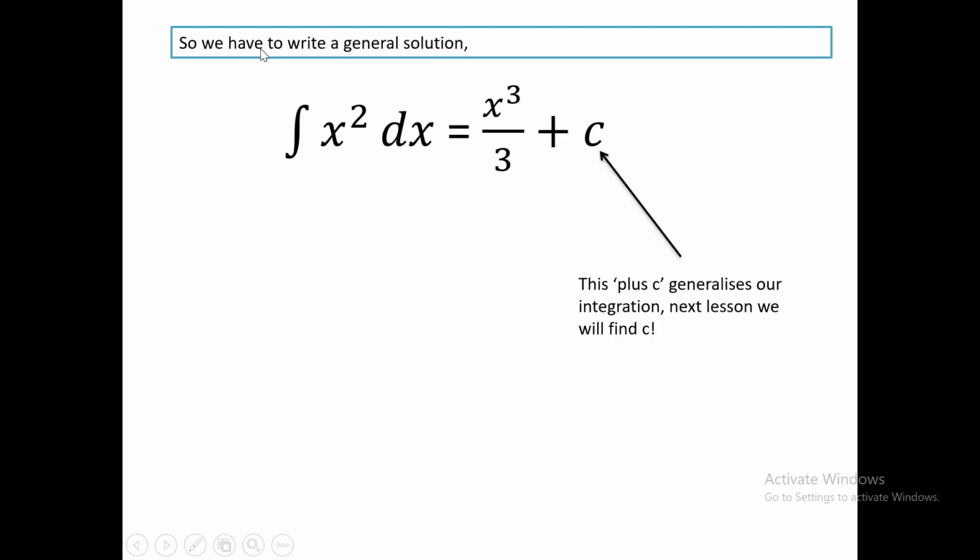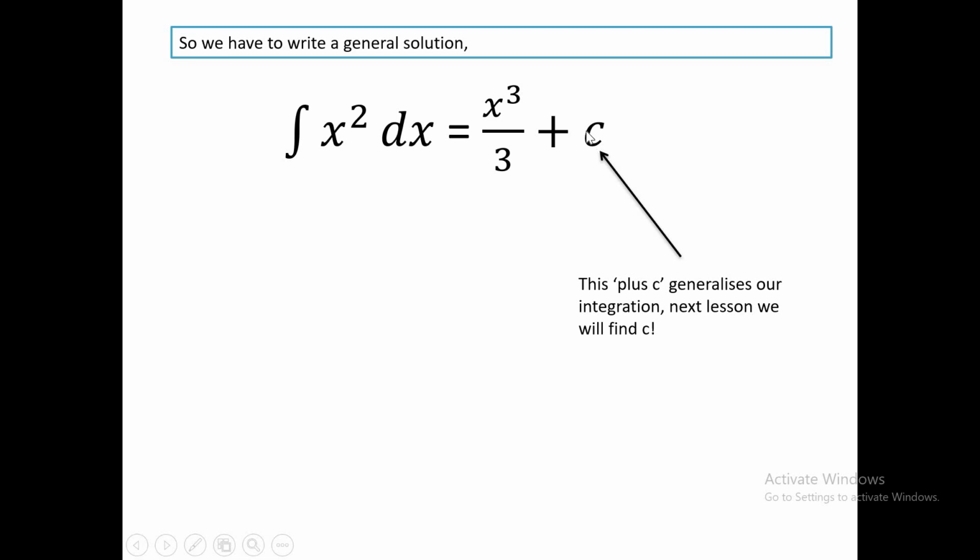We have to write a general solution, which is integrate x square with respect to x. I'm going to add 1 to the power, because in the derivative I decreased it by 1. Here I will increase it by 1. So the power 2 increased by 1 becomes 3, over 3, which is the new power after adding 1, plus C. What is this?